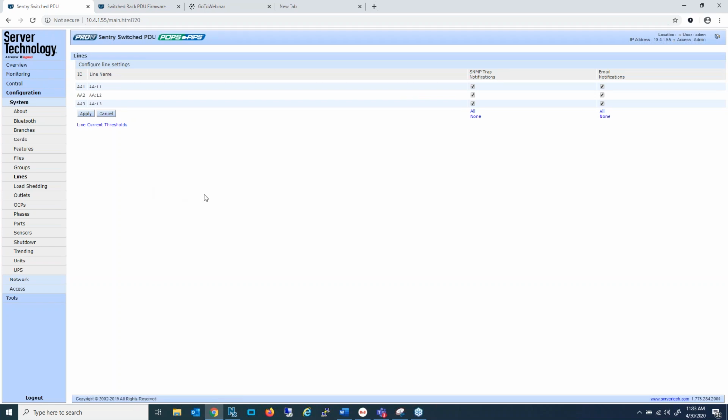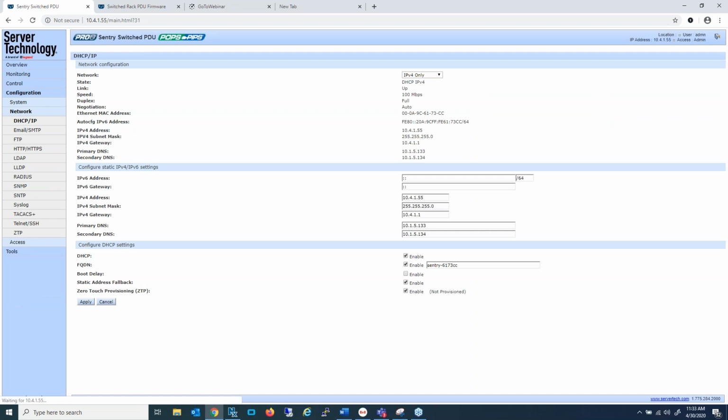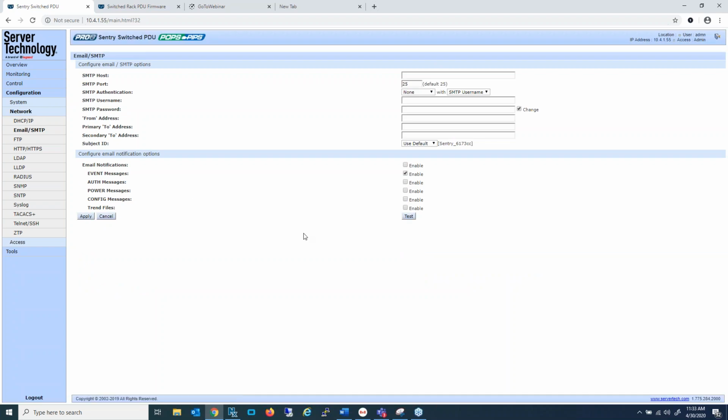Yeah, so somebody else set this up and enabled it. I believe that will be found in configuration network. I believe it is in the email page. Yeah, there you go. So trend files. So you need to go to configuration network and then email/SMTP.